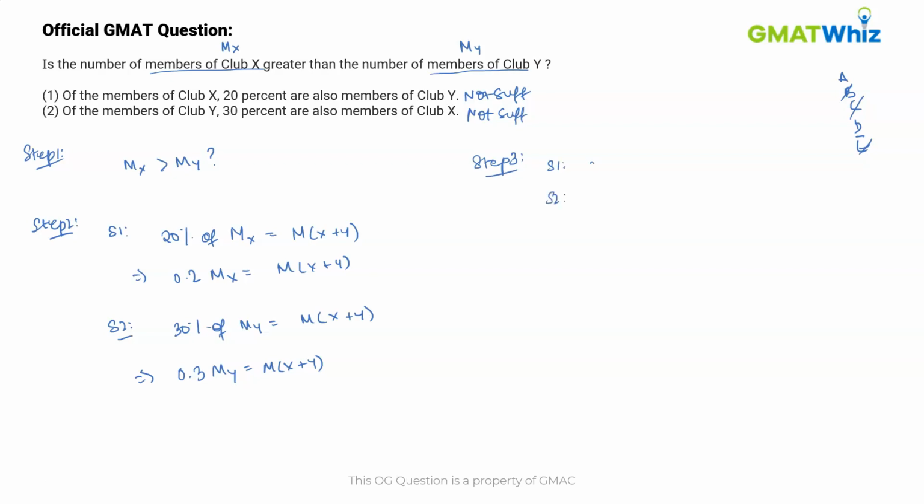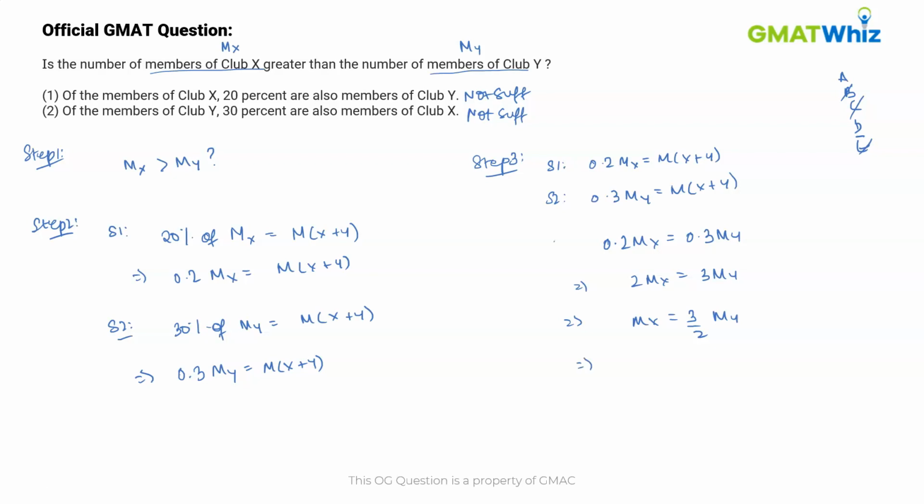In statement 1, we have 0.2 MX is equal to M of X plus Y. And from statement 2, we have 0.3 times MY equals M of X plus Y. Now, both the statements together give us the number of members who are members of Club X as well as Y. That means we can write 0.2 MX is equal to 0.3 MY, or 2 times MX equals 3 times MY, which gives MX equals 3 by 2 times MY.